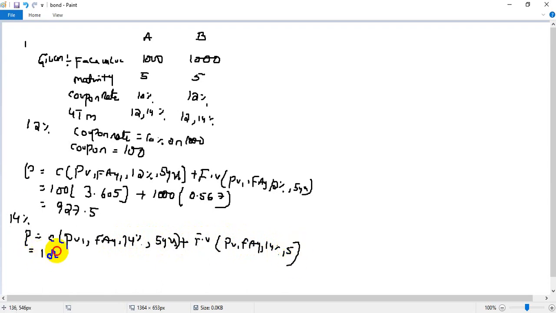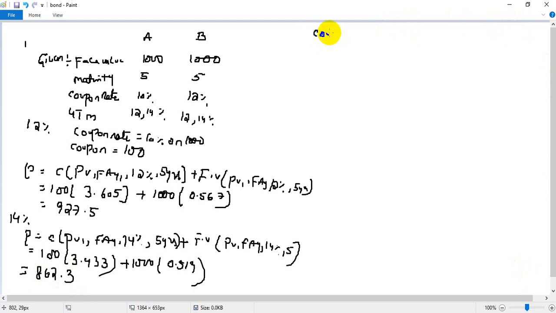Where coupon is 100, here it will be 3.433, you need to check in the 5th year row and 14%, plus 1000 into the 5th year row and 14%. That amount will be 0.519. If you multiply this, you will get 862.3.